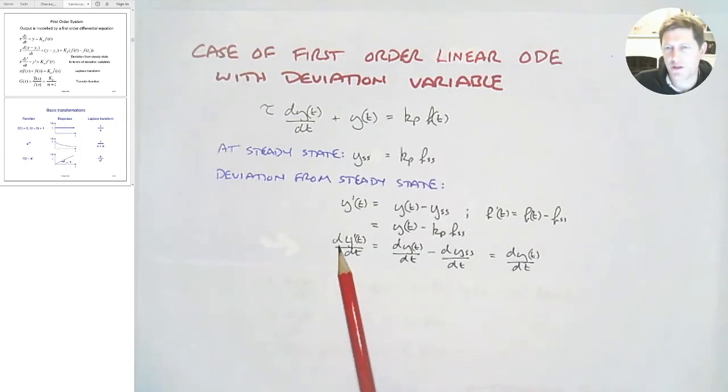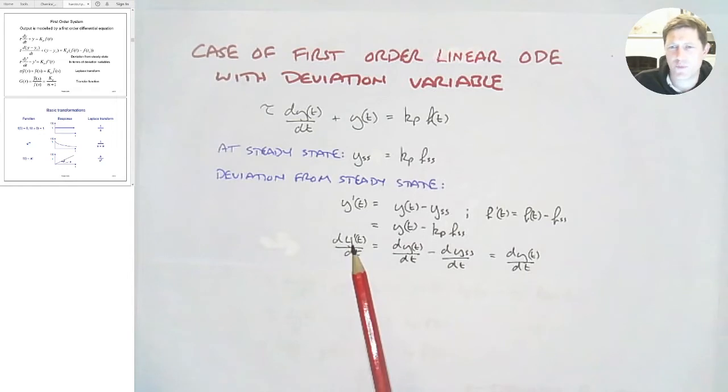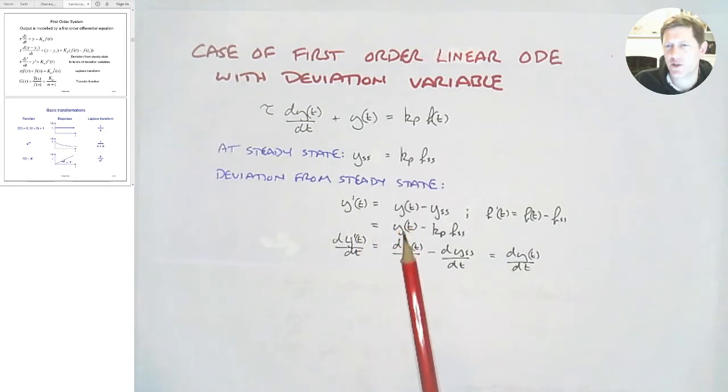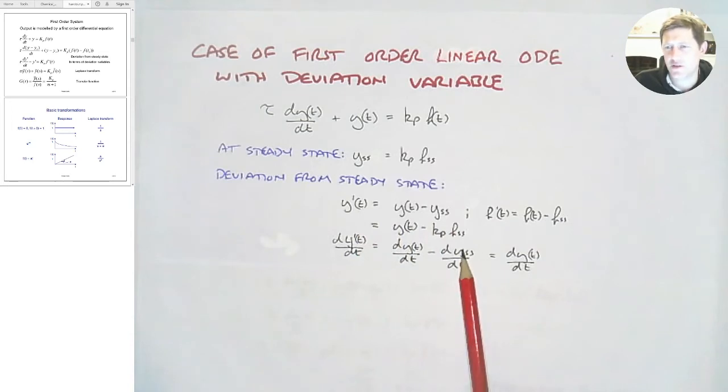And we can also note that, well, if we take the differential of y'(t), differentiate this term by dt, then we'll be differentiating y(t) by dt minus d yss by dt, and that's a constant, so of course this equals just simply dy/dt. So these two terms are in fact equal to each other.